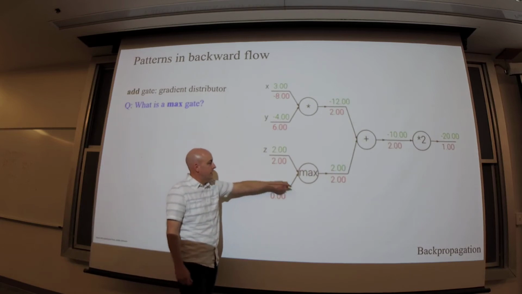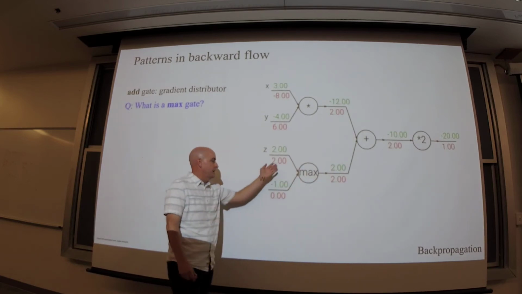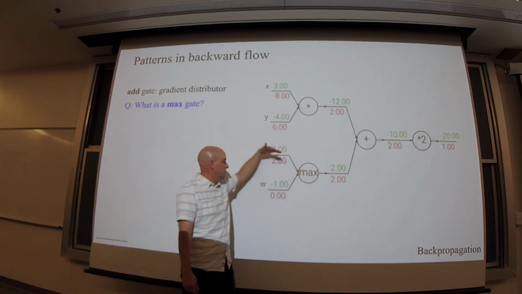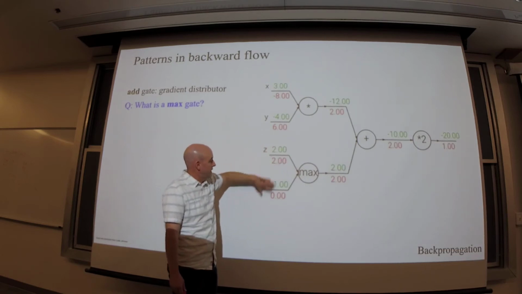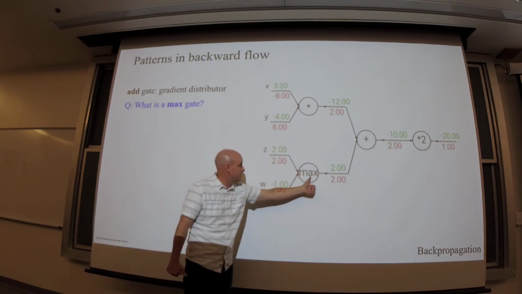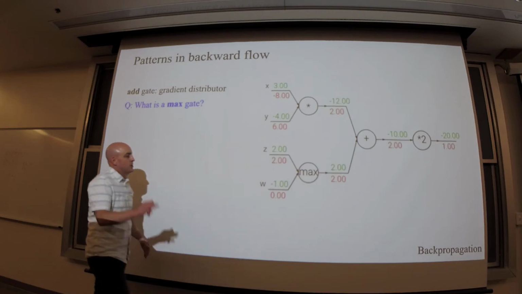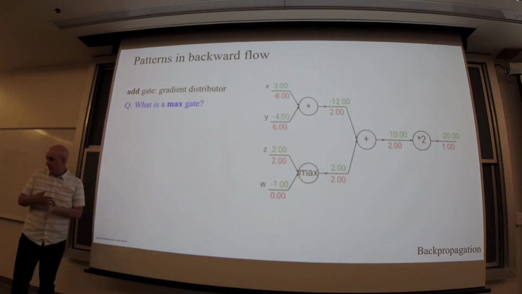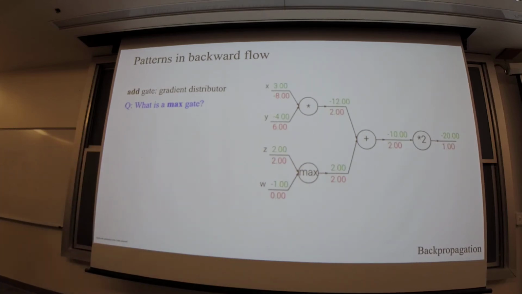So 1 times the upstream gradient passes it on, but then it drops it to 0 in the other branch. So it's like a router, a router to the largest value.